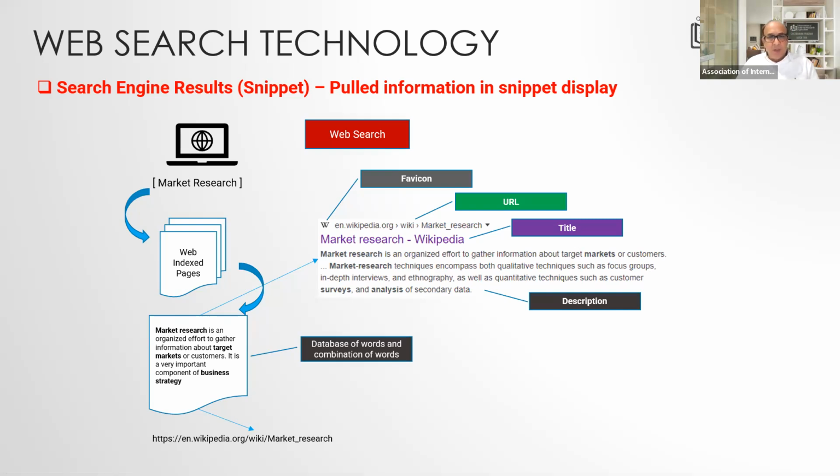Because the time it will take to reach this page, look up the content, and then find out it is not as useful could be a time waster. So this snippet is where you pick your first information to make that decision whether to go there or not. Now I'm going to talk a little bit about all these three elements, the URL, title, and description, and where they are pulled from.